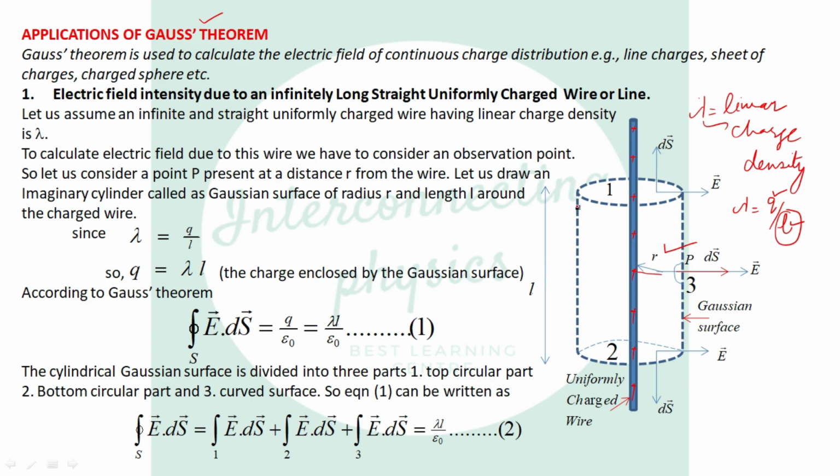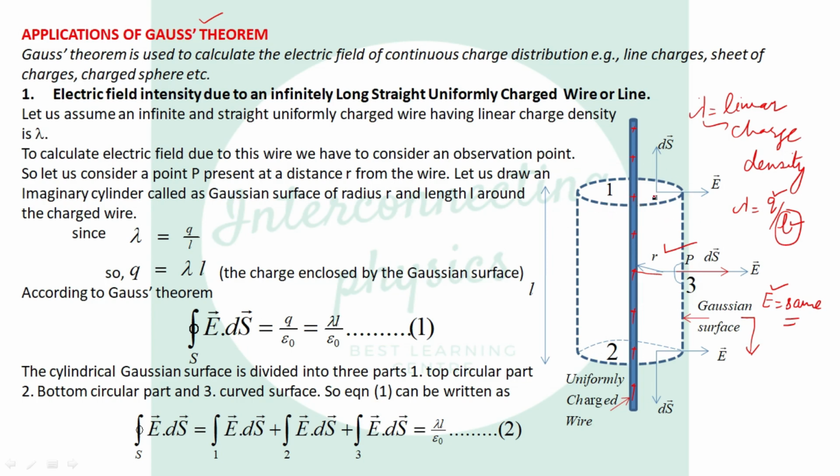Gaussian surface is the surface at every point of which the electric field is the same, constant, due to symmetry. Symmetry is the key point of the Gaussian surface. If we take a cylinder as the Gaussian surface, then the electric field is always the same at every point of this surface.